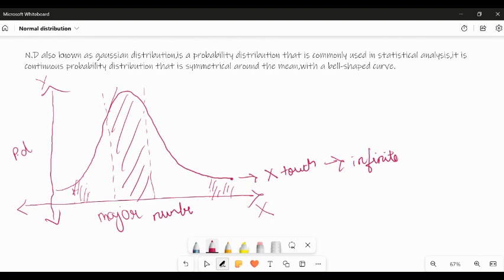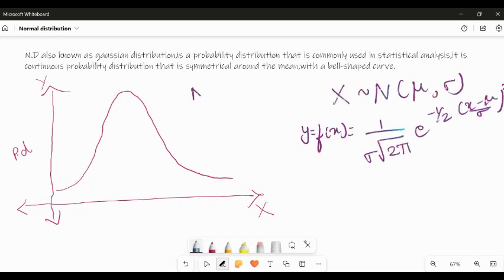If this is my mean, lots of points will be near the mean, and very few points will be away from the mean. This is related to the normal distribution.